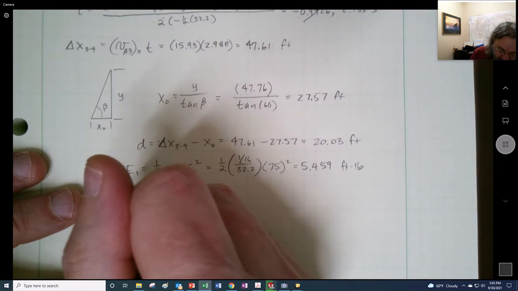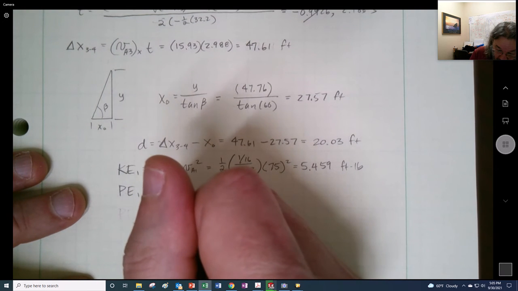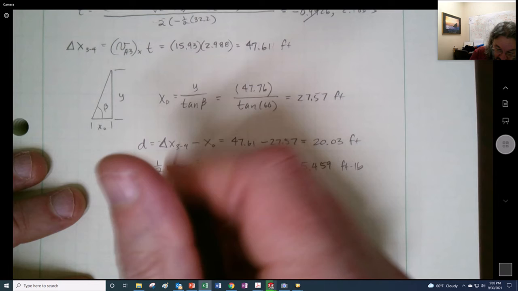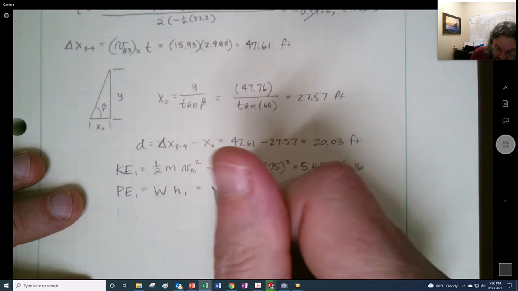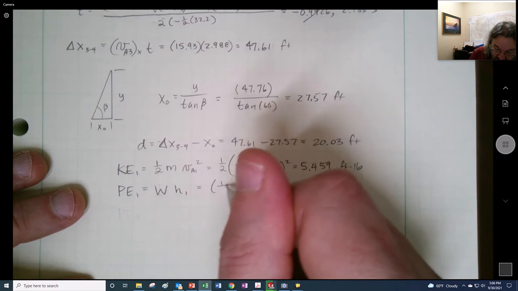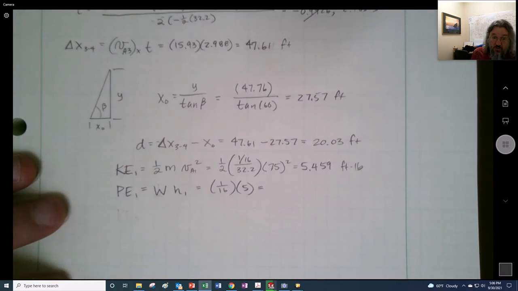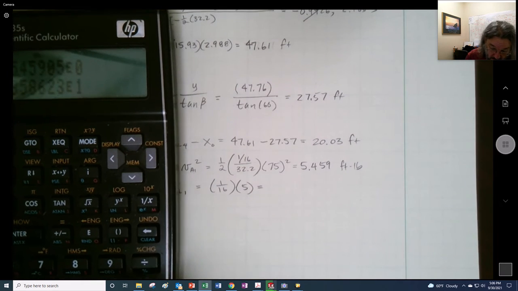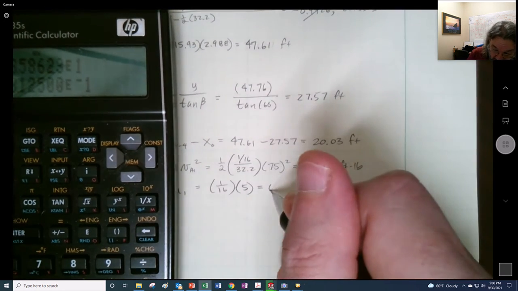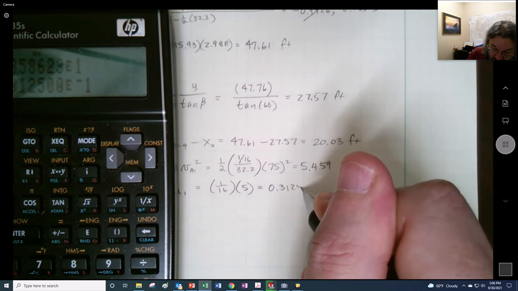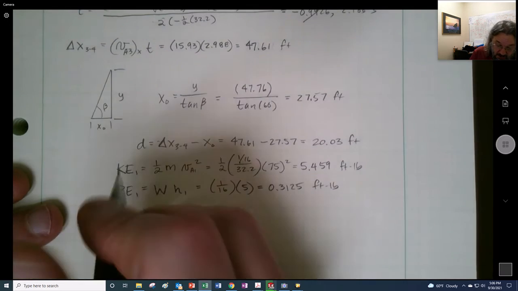So potential energy at state 1 is going to be the weight of the thing times the height at 1, which is going to be 1/16 of a pound times 5. It's going to be very small. So 5 divided by 16, 0.3125 foot-pounds. So it might not matter much.